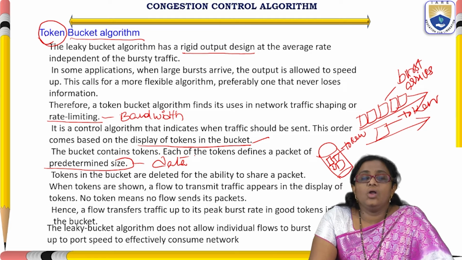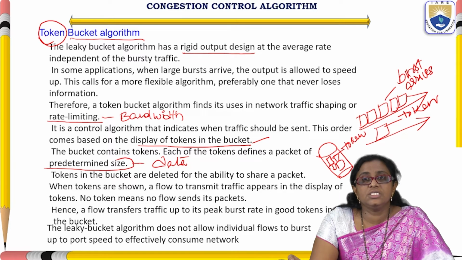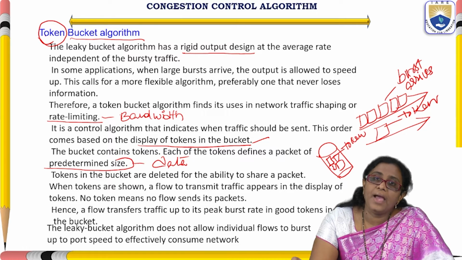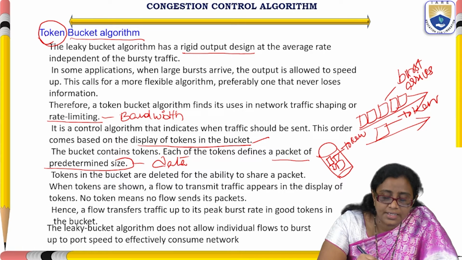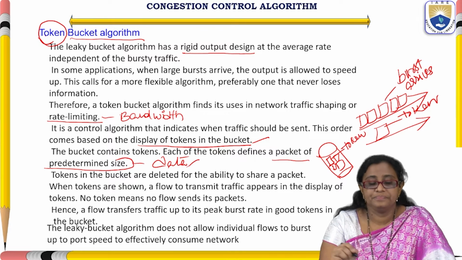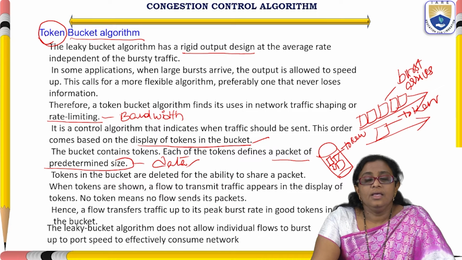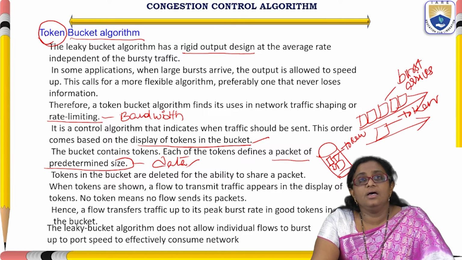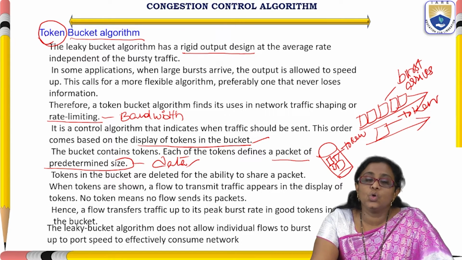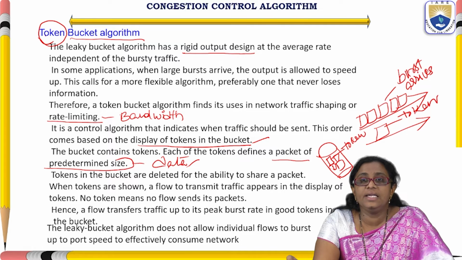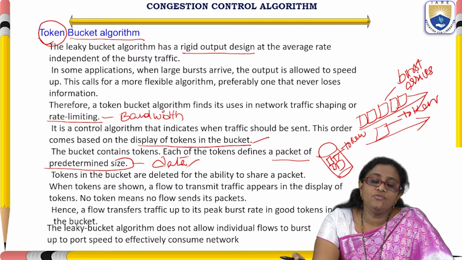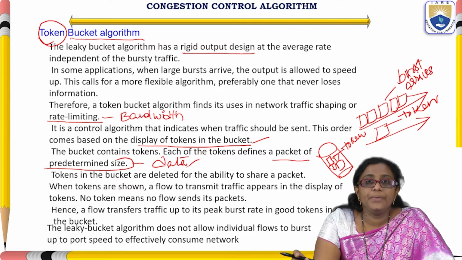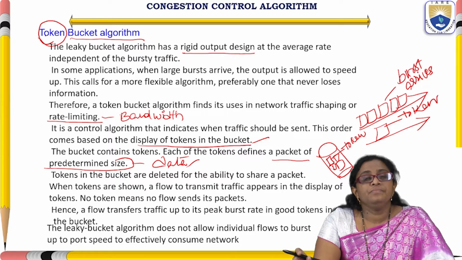So the bucket already contains the tokens, and each token defines a packet of a minimum predetermined size of data. The tokens in the bucket are deleted for the ability to send a packet. When tokens are shown, a flow of transmit traffic appears in the display of the tokens.